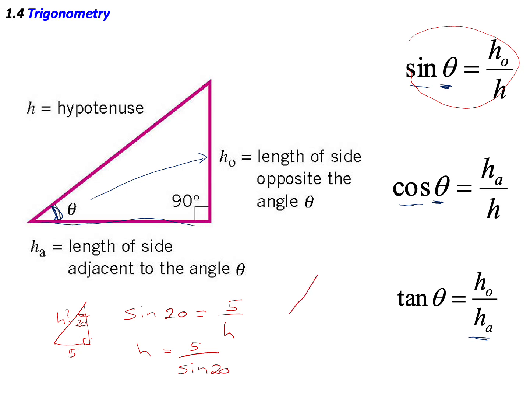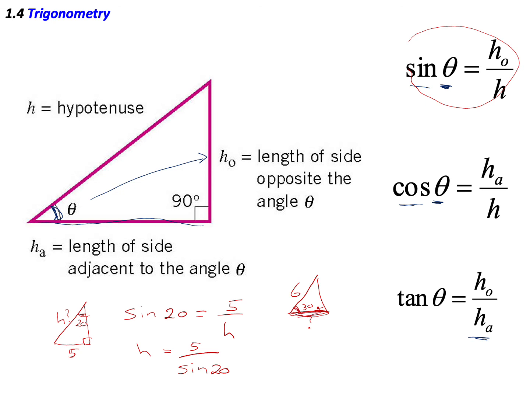Okay, that's one. Let me give you another example. This is the 90 degree, and let's say this is 30 degrees, and let's say this is 6, and what is the length of this? From this figure you can see this is the side adjacent to this angle.